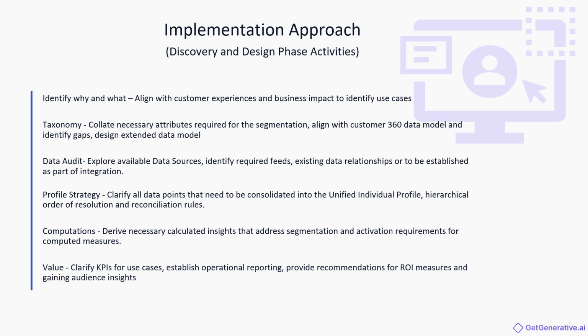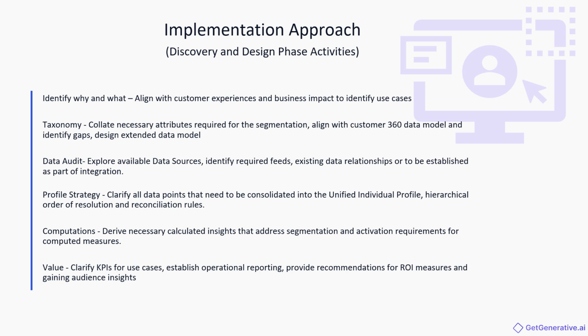That's the detail we have to go into during the discovery sessions, because you cannot just configure and then, at the last stage where you're sending the data out or performing a segmentation, realize that you're missing key attributes and it is hindering you from performing the activity. That's why it's very important to know why and what.